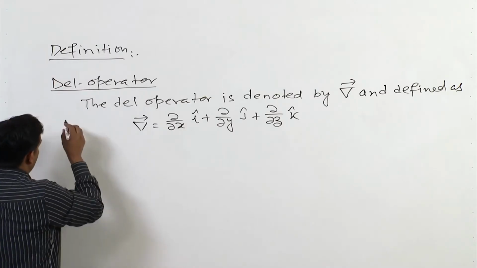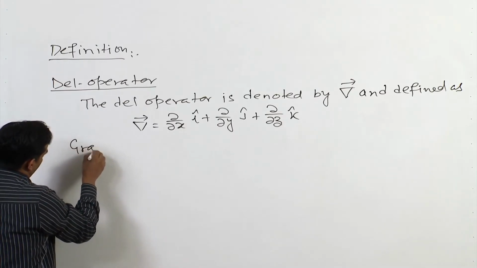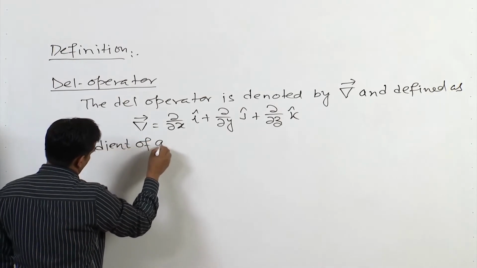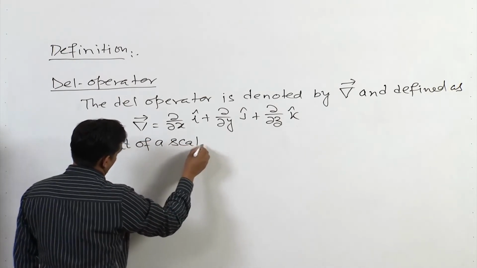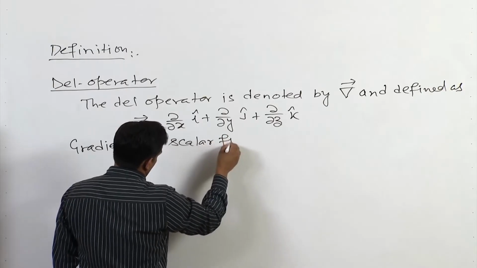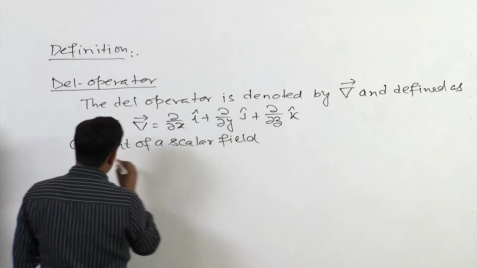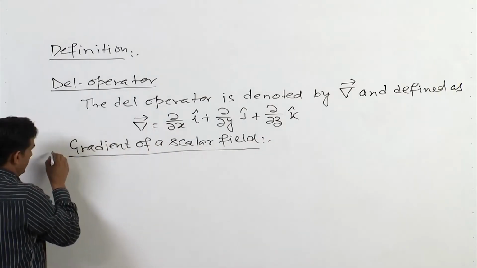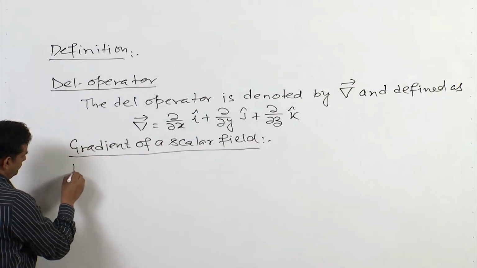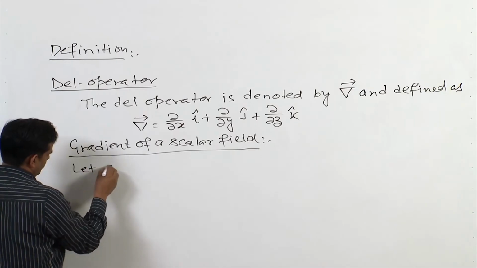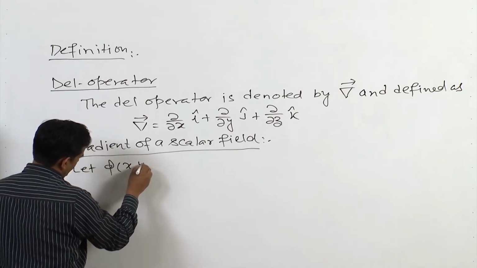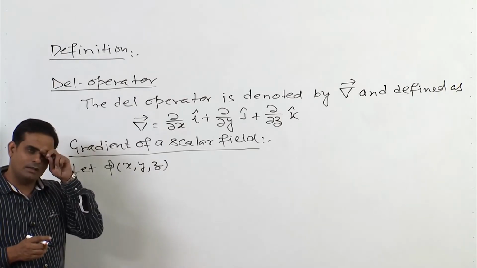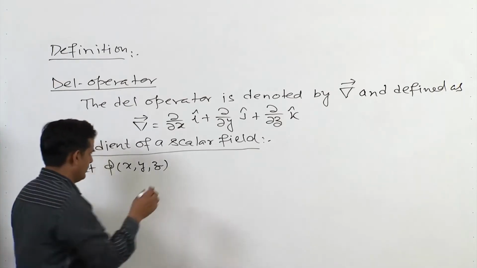My next definition is: let phi be a scalar function of x, y and z.